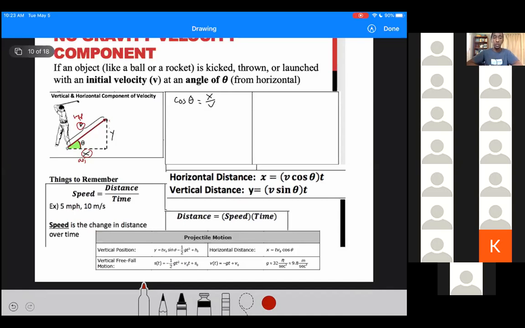We talked about this. Cosine of the angle equals x over v. Now, if we solve for x, we multiply by v. So x equals v times cosine of theta. This is the horizontal component of velocity.